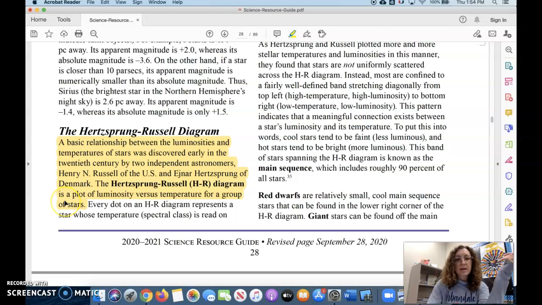This diagram shows the basic relationship between luminosity and temperature. Okay, so logically that makes sense, right? If something has a high luminosity, it's probably got a higher temperature. But there are some stars where that just isn't the case. So this basic relationship is diagrammed in that Hertzsprung-Russell, or HR, diagram, and it's luminosity versus temperature.